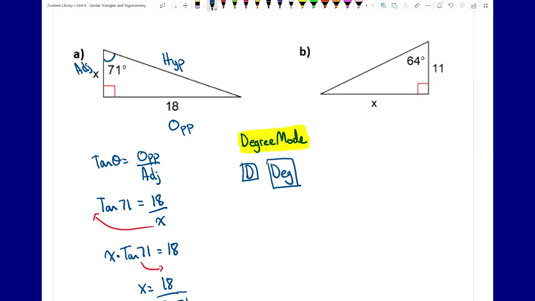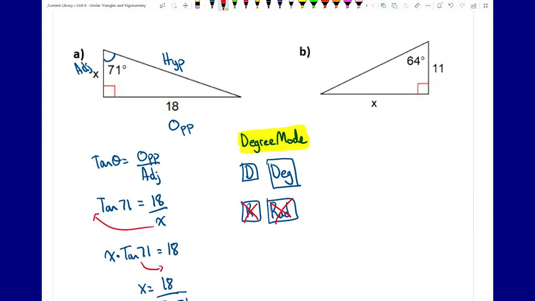Somewhere on the screen, usually up at the very top, kind of like a little banner, you might see something that says this. If you see something else, and a common one would be R or RAD, R-A-D, right? That we don't want to see. So if you do see D or DEG, then you're good.